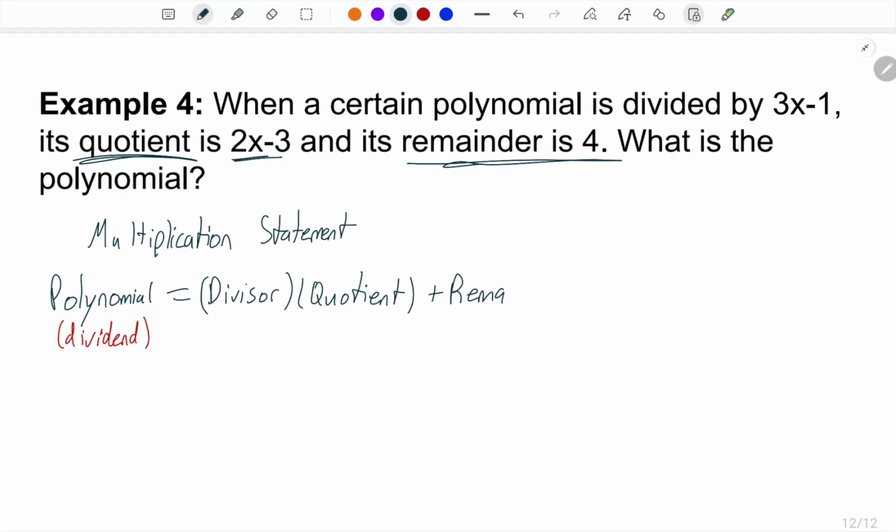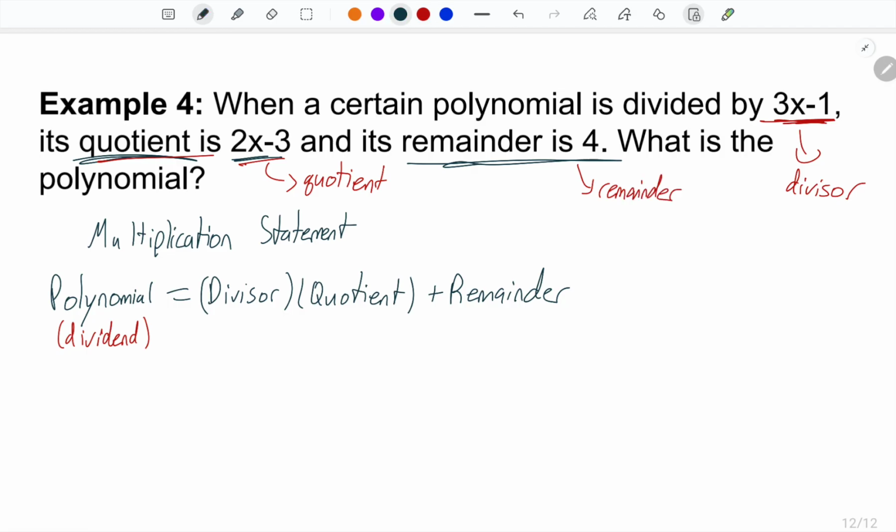Okay. And let's just kind of match things up with what we're told. Okay, so we know that we're divided by 3x minus 1. So that's the divisor. We know that the quotient is 2x minus 3, so that's our quotient. I'll just write that down as well here. And we have a remainder of 4. So that's kind of the 3 things we have on the right side there.